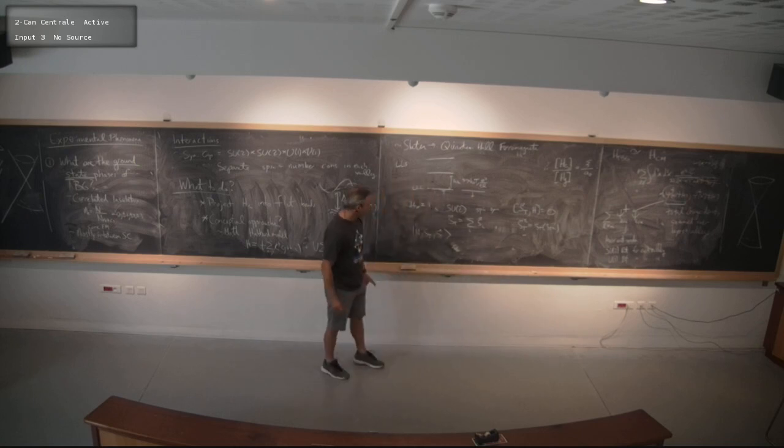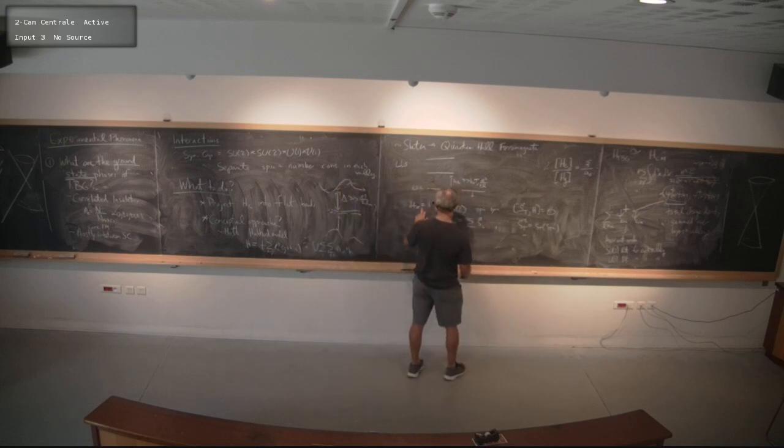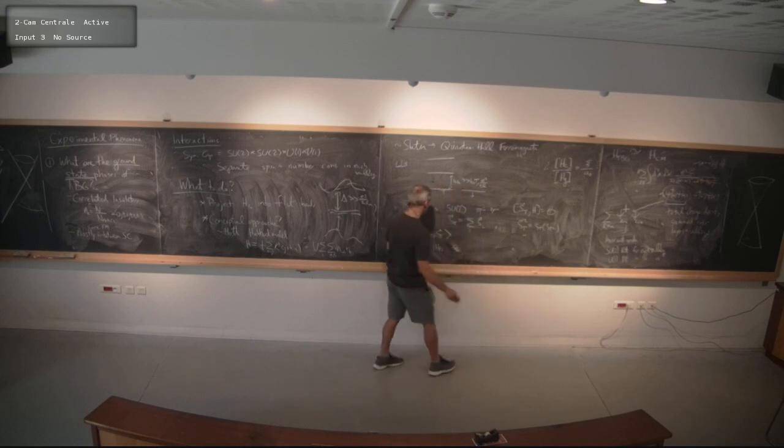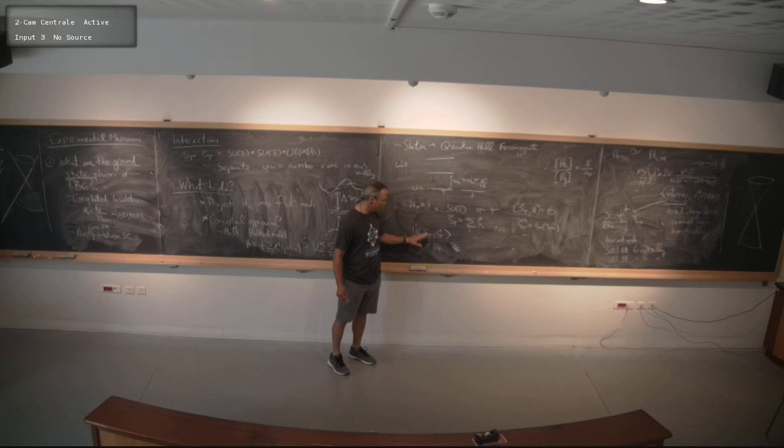So if we fix the total number of electrons, nu total equals 1, so basically this means N is the number of flux quanta piercing the sample. Just nu equals 1. Let's consider the state where the total spin is actually N over 2.